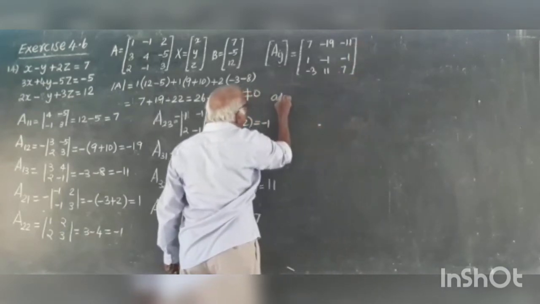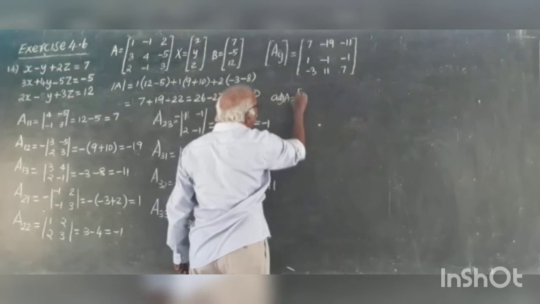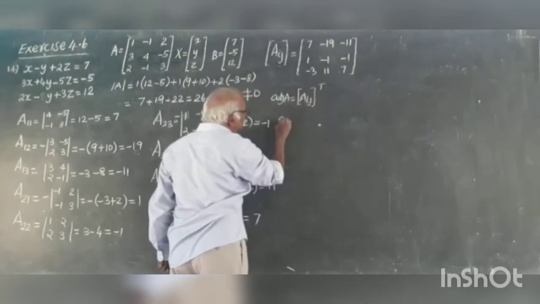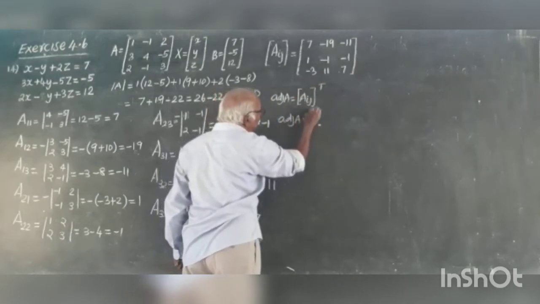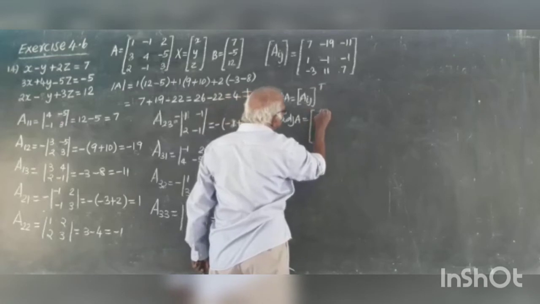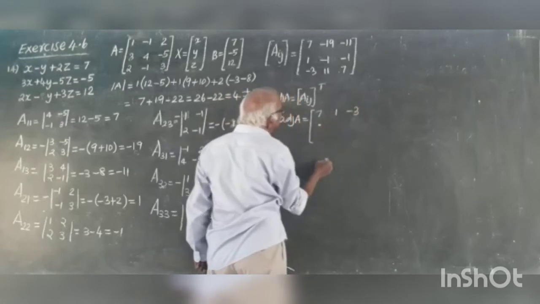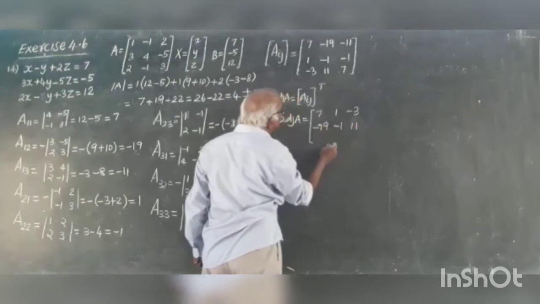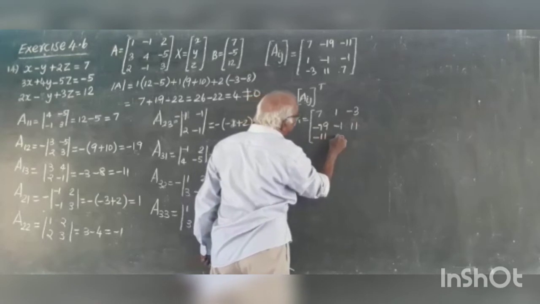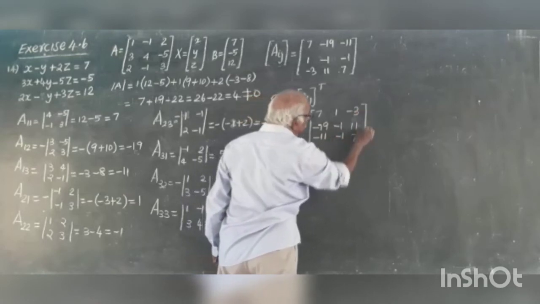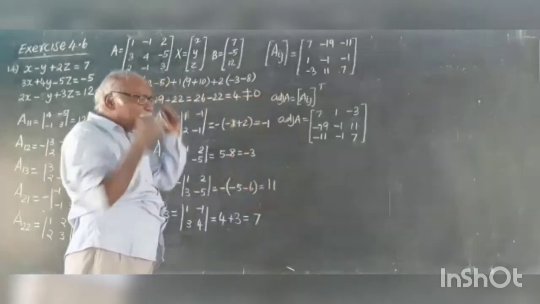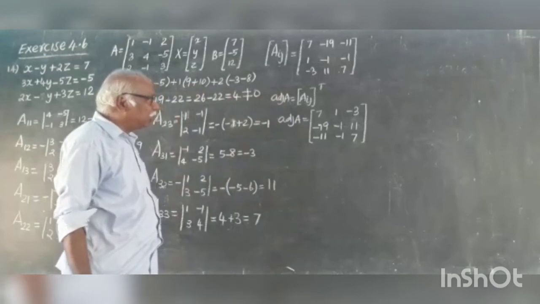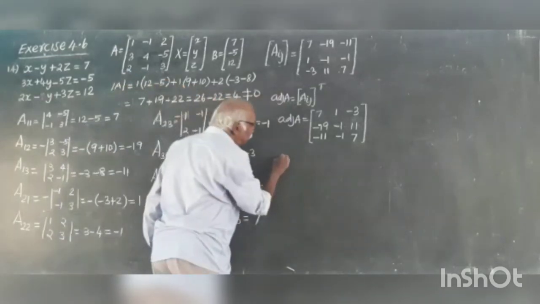Then find adjoint A. Adjoint A is equal to the transpose of the cofactor matrix. Therefore, adjoint A is equal to 7, 1, minus 3, minus 19, minus 1, 11, minus 11, minus 1, 7. Then A inverse.